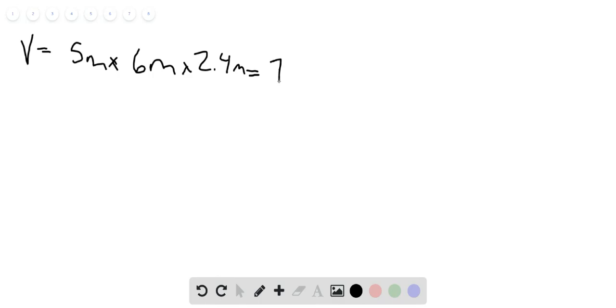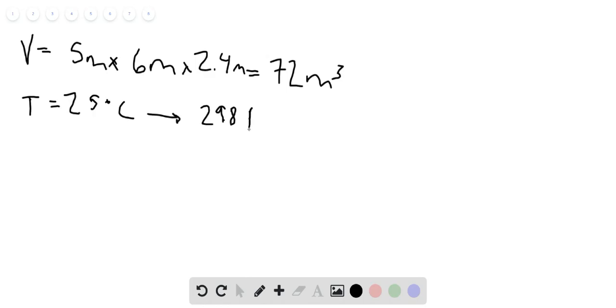That's a total of 72 meters cubed. We're also given the temperature of 25 degrees C, which is equivalent to 298 Kelvin. To convert, we have to do plus 273.